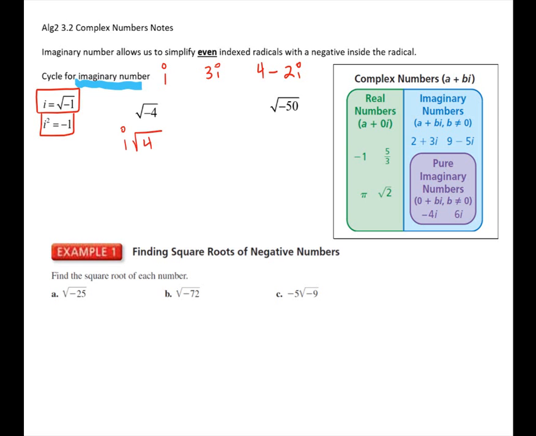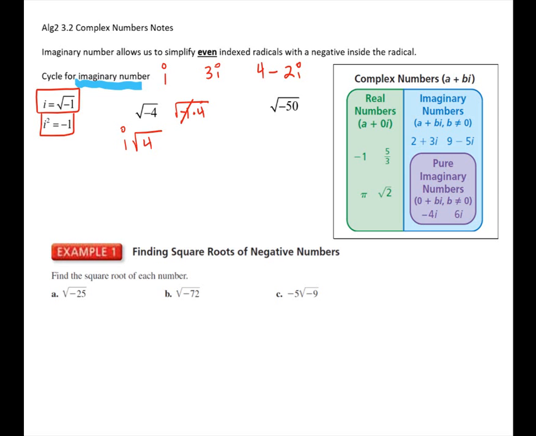The reason is the definition i equals the square root of -1. Square root of -4 is the same thing as -1 times 4, so when you put the i on the outside, you've taken care of that -1, which is why the 4 becomes positive.